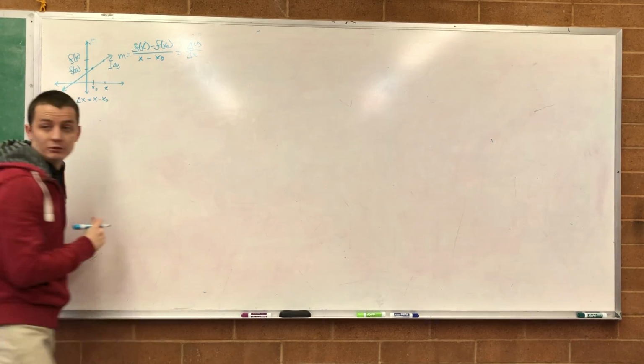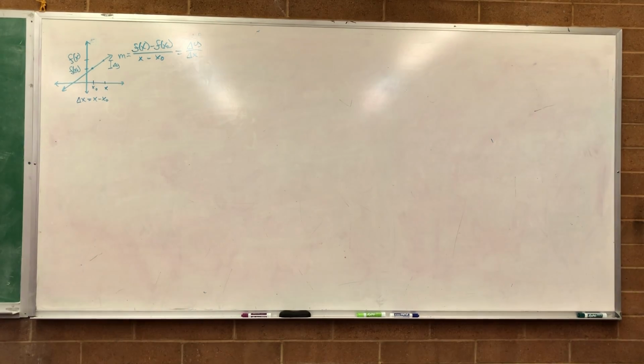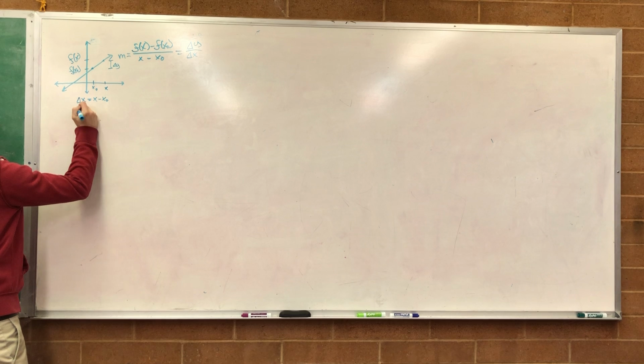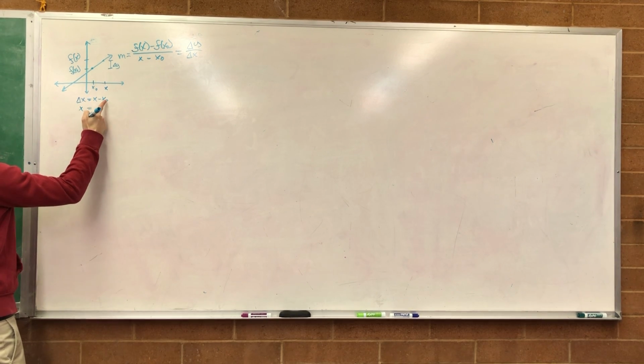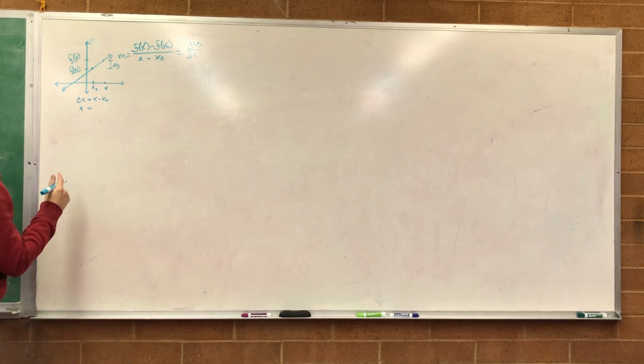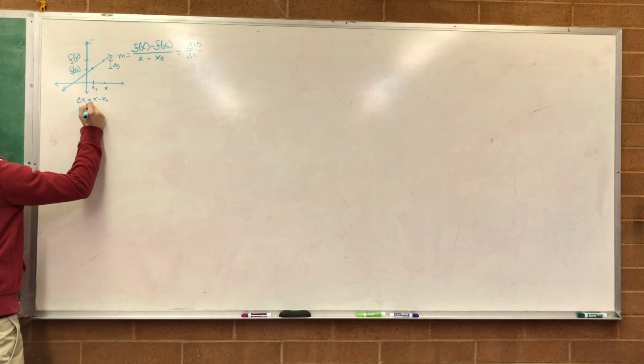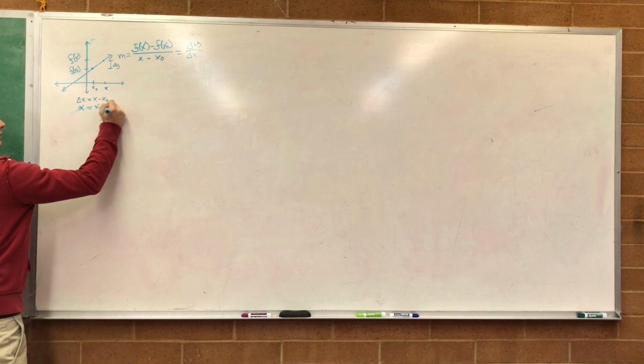Different way of saying the exact same thing. Now, if delta x is equal to the distance between those, notice that I can also say that x is equal to, move this to the other side, x0 plus delta x, right?